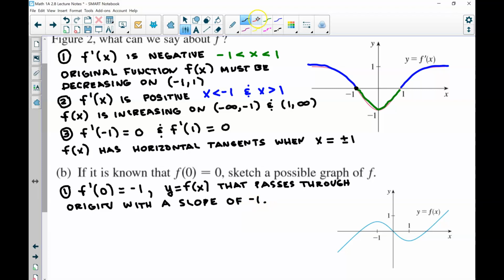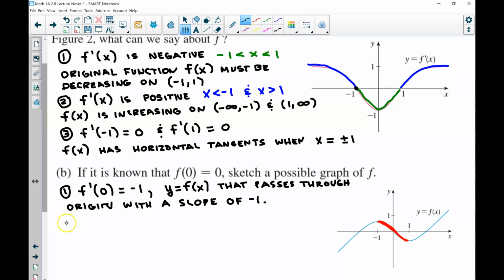I'm going to show that part here in red. So that means over here we can see that this is the first part that we can draw, because we know that we have, again, a slope of -1 and it's passing through the origin.